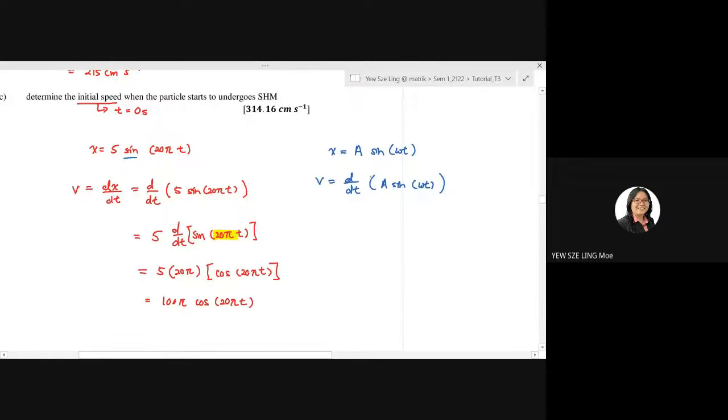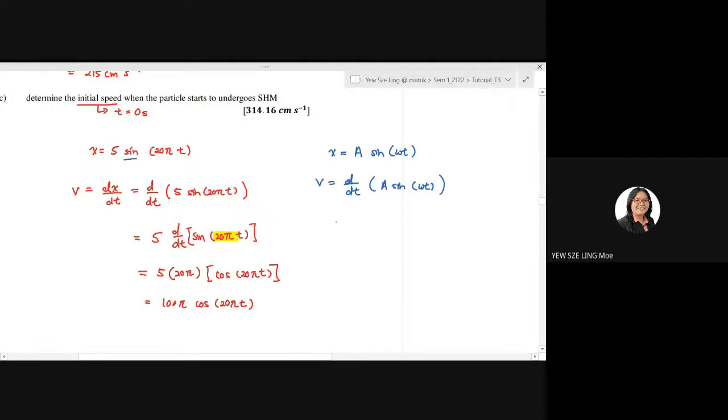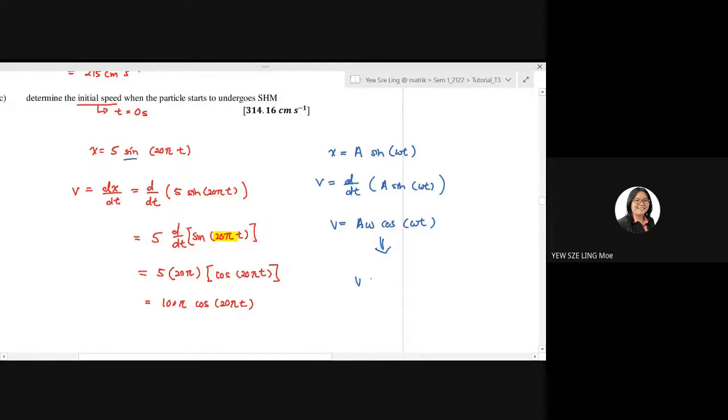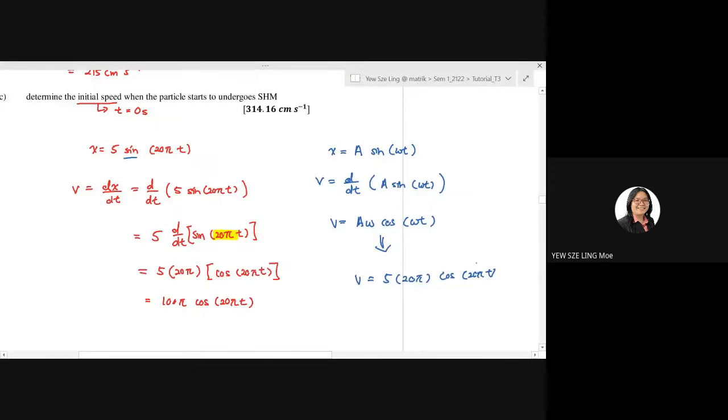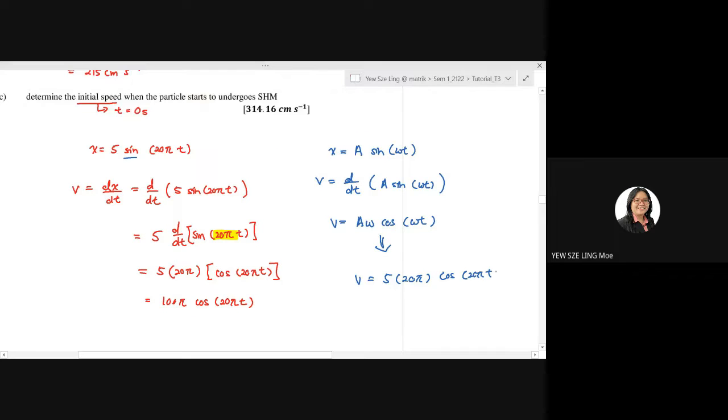If you differentiate the general equation, you basically obtain v equals A omega cos omega t. Once you have this general equation, you can plug in the values for A and omega. Therefore, you still obtain v equals 5 times 20 pi times cos 20 pi t. So you still get the same equation.